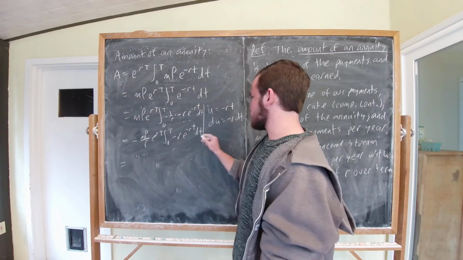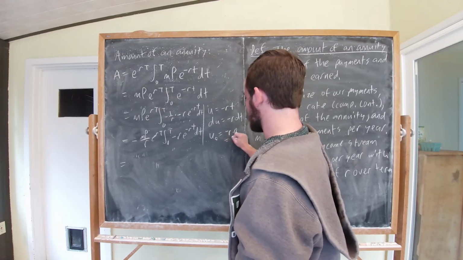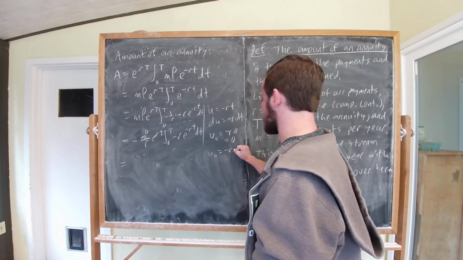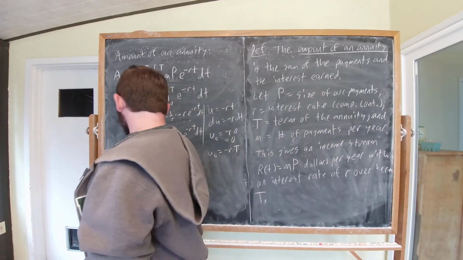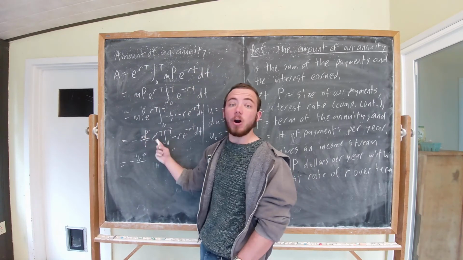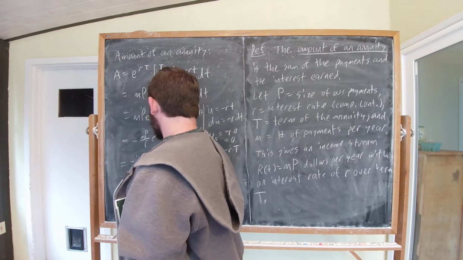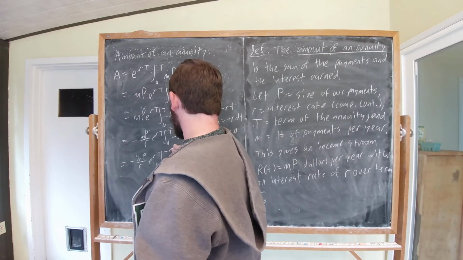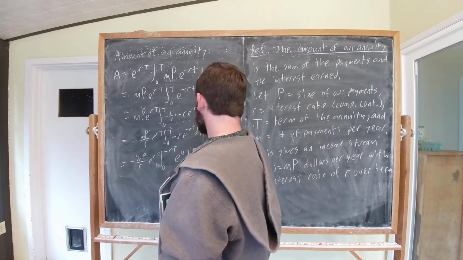We need to remember to change the bounds, so our new lower bound is negative r times 0, which is still 0. Our new upper bound is negative r times capital T. So now this is negative mP over r e to the rT times the integral from 0 to negative rT of e to the u du.